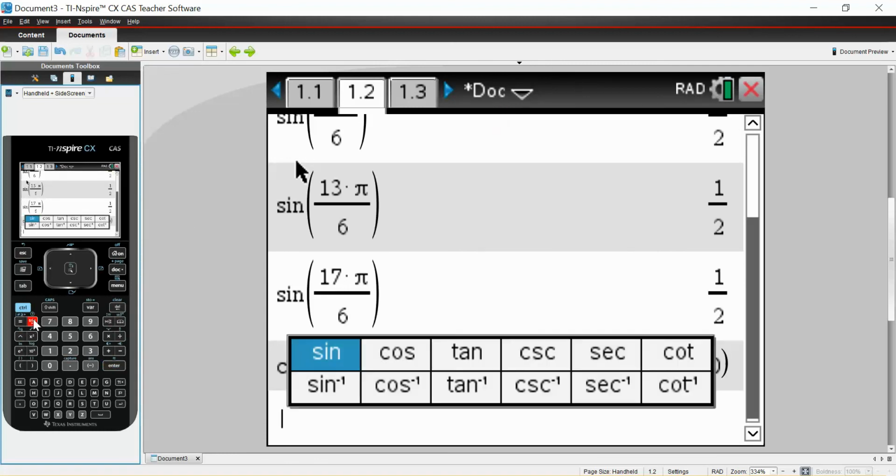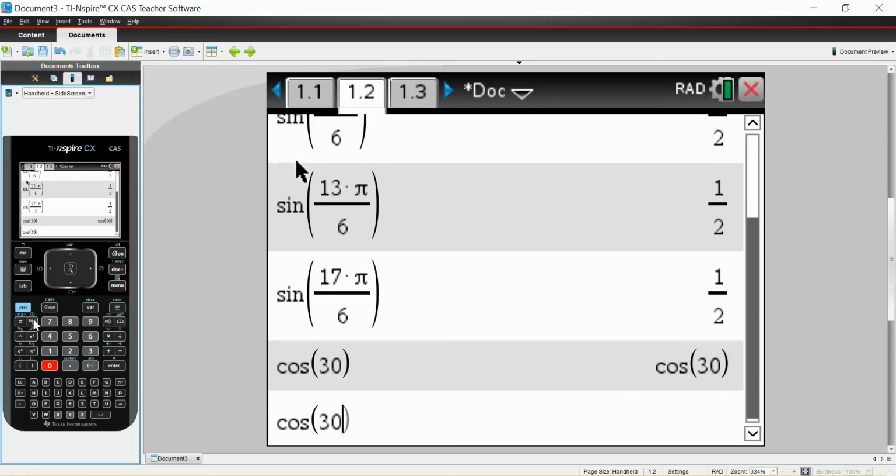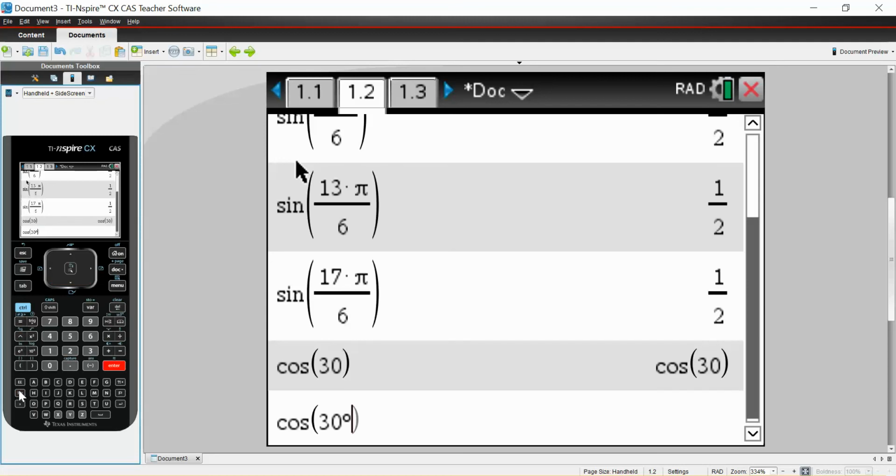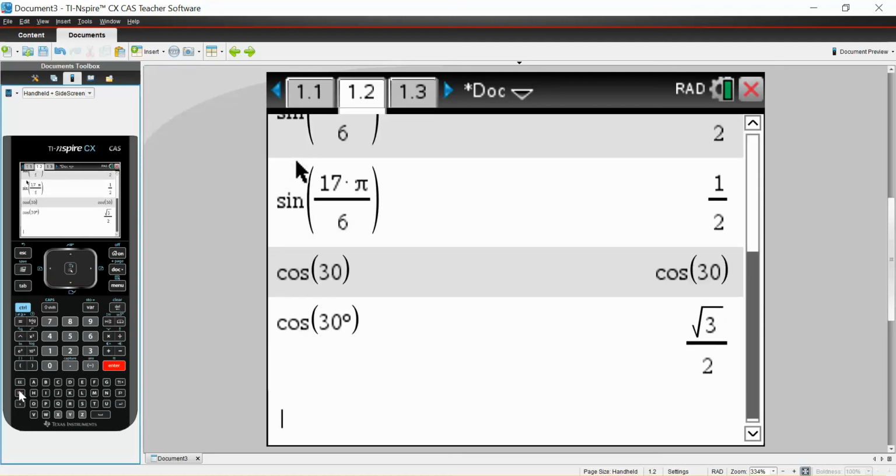If you don't want to change your settings from radians to degrees, if you're a bit lazy, you can do cos 30. Now, in your pi button, if you click on that pi button, you can see the degrees here. You can put the degree symbol after the 30. And if you do that, cos of 30 degrees gives root 3 on 2.